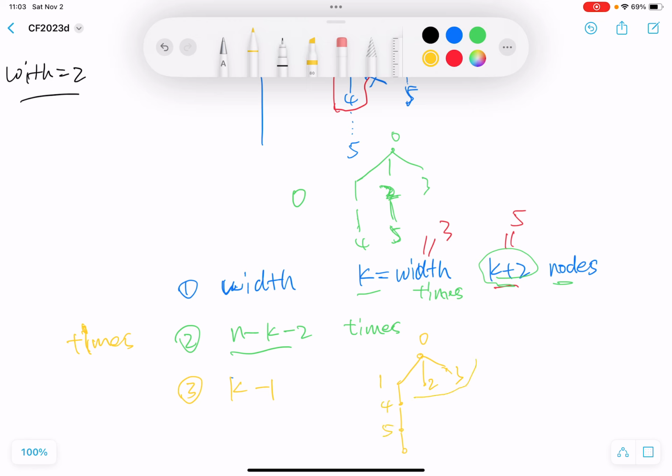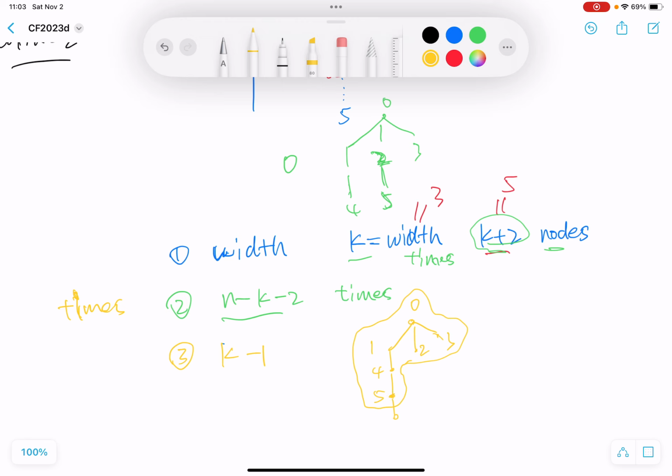If the tree is this kind of situation, 5 is the child node of 4. That means there will never be a child node for 2 and 3. So the last nodes will only be child nodes of 5. That means this is 6, 7, 8.